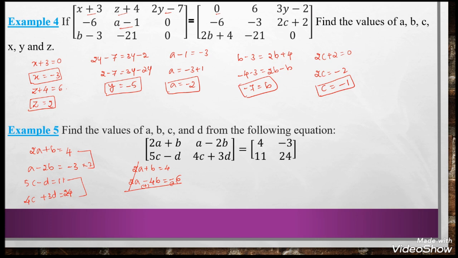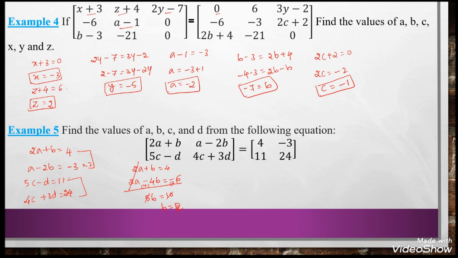Minus b minus 4b, that is 5b. 4 plus 6 will be 10. So the value of b is equal to 10 by 5, that is 2. The value of b will be 2.